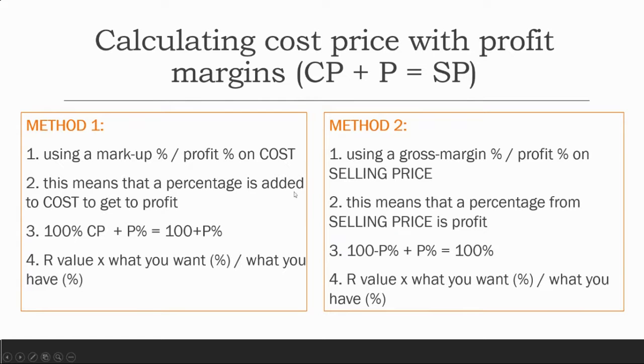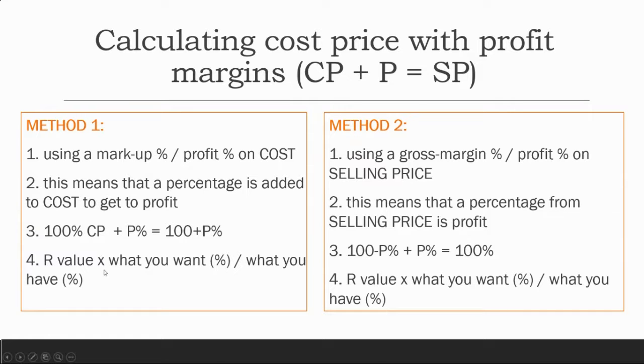So the percentage that we are going to work out for our selling price is going to be the cost plus the profit. This means cost is 100%, our profit percentage is then added onto it, and our selling price would be the 100% for the cost price plus the profit percentage to get the sales percentage.